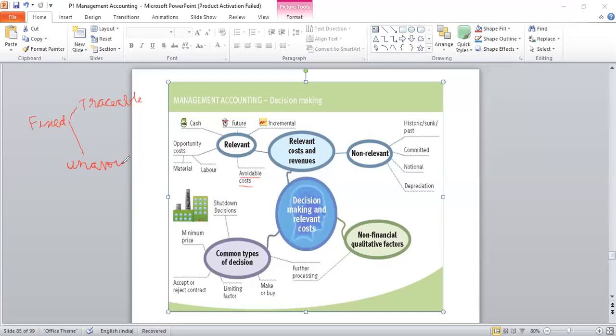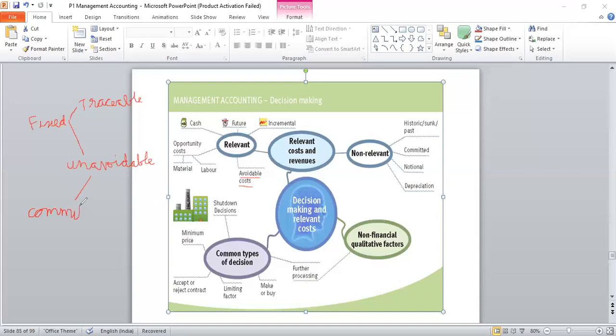If they are unavoidable, they would be unavoidable because there was a commitment made regarding these things in the past and they continue to be incurred.